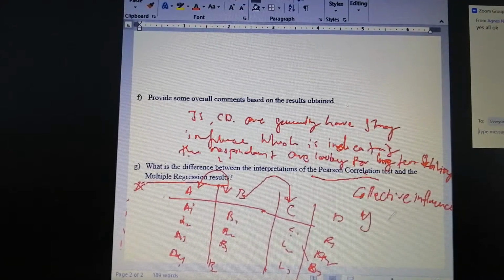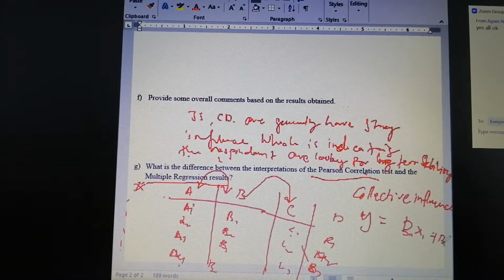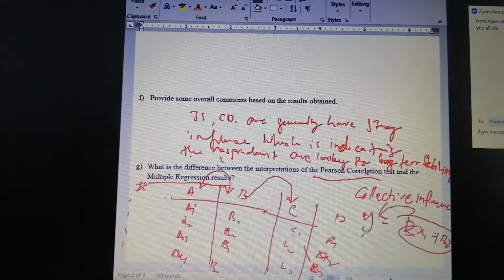So they will see beta 1 x1 plus beta 2 x2 and so on, and see collectively whether the independent variables influence it. That's the difference. Pearson correlation is based on the individual, but multiple regression is a collective influence for each independent variable with the dependent variable. So they will see every one of them, or collectively, on the dependent variable. That's the difference between the two analyses.